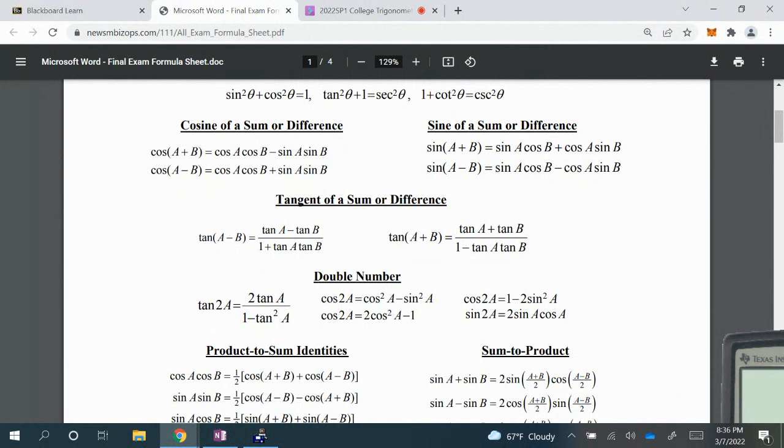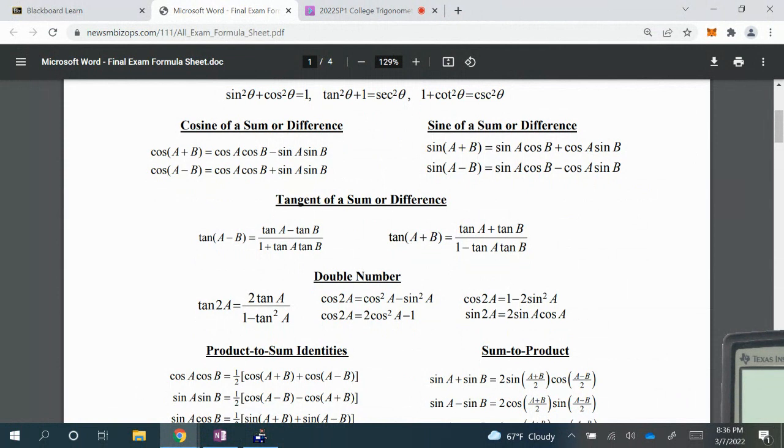Now I want to do as little simplifying of a radical as possible, so I'm going to use this formula: the cosine of 2x is equal to 1 minus 2 sine squared x.